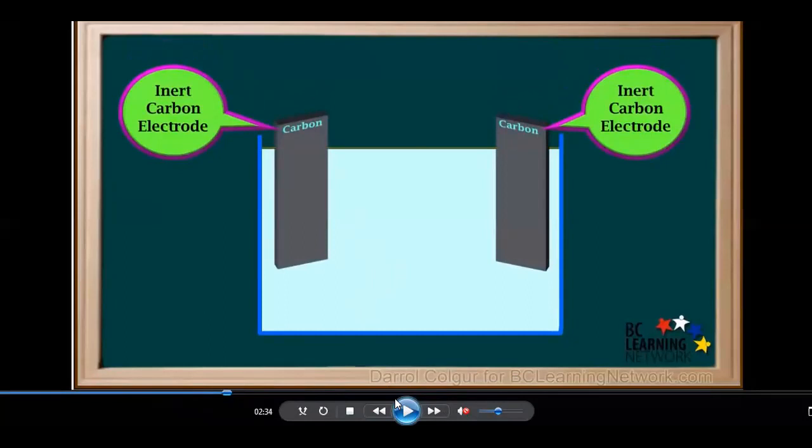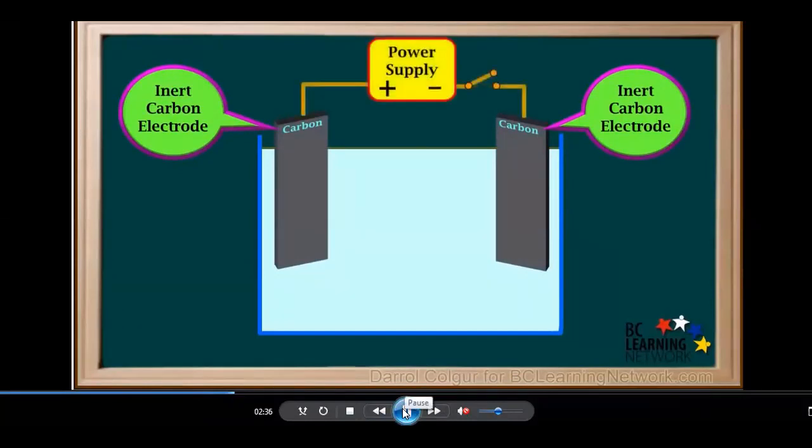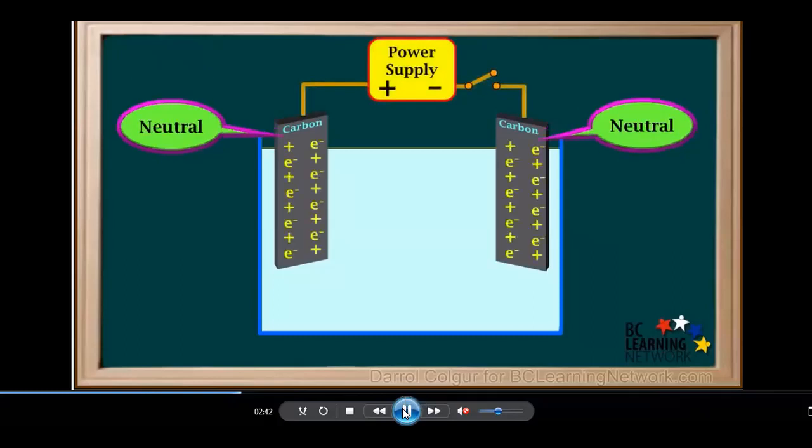Here we have two similar carbon electrodes, so we call them inert carbon electrodes. Here we can conclude that the redox reaction, or the chemical reaction, will not happen to the electrode; it will happen to the electrolyte itself.